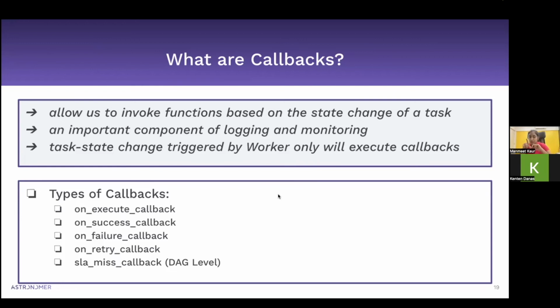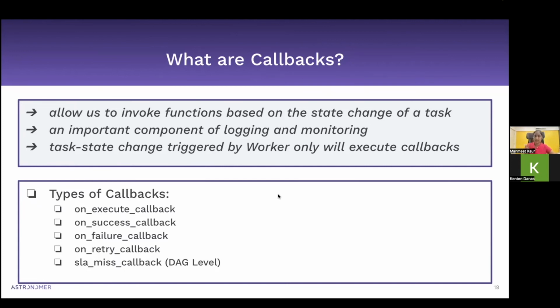Then there's another callback called SLA miss callback, which is actually only available at the DAG level. DAG level code also has a parameter called SLA, which we can define as, let's say, in minutes or in hours, that it is going to take, let's say, 30 minutes for my DAG to be executed. This is what I'm anticipating.